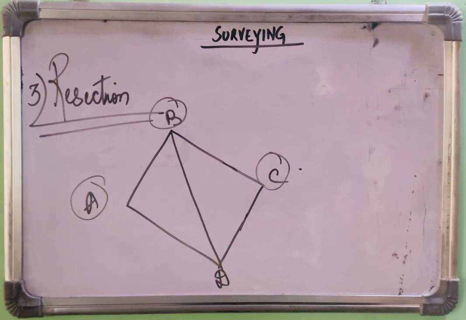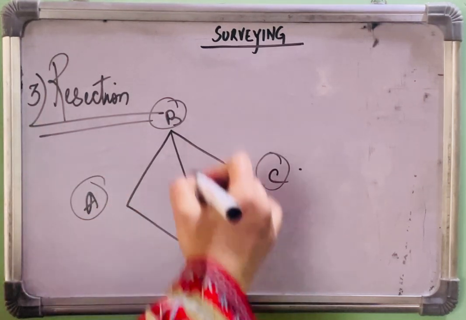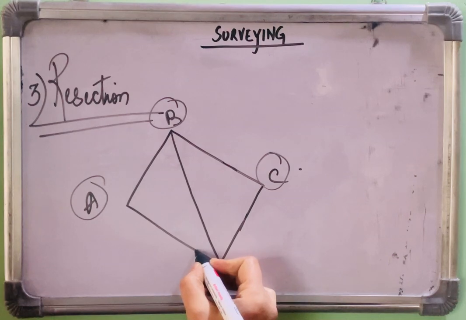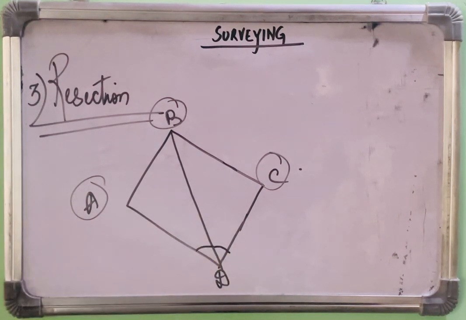We can do so by measuring the angles ADB and BDC, and thus we can fix the position of the point D. The position of the point D is determined graphically in plane table survey.